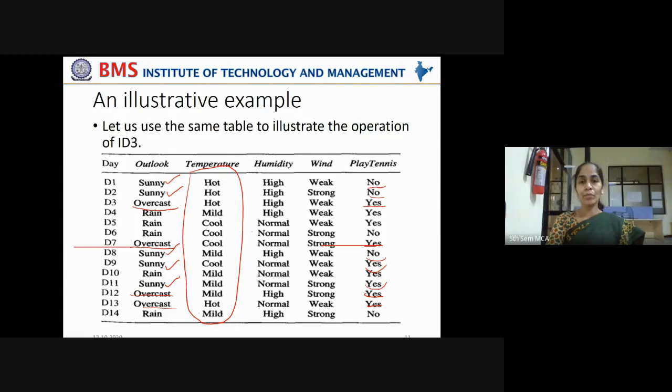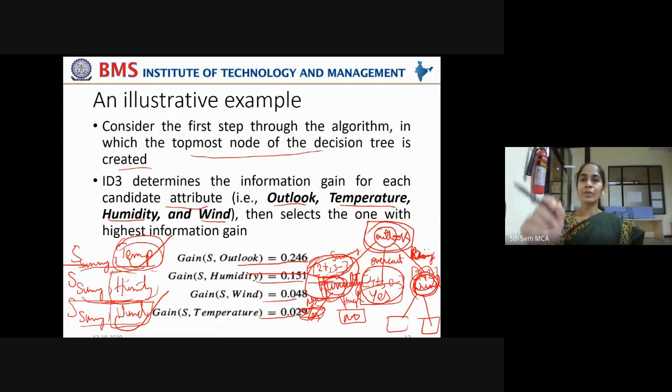So that can't be taken as an attribute for classification. It doesn't give better classification because the information gain with the temperature attribute is very low.